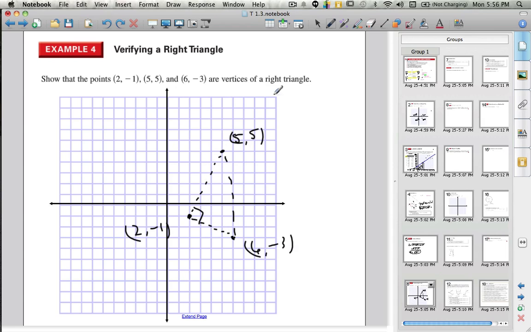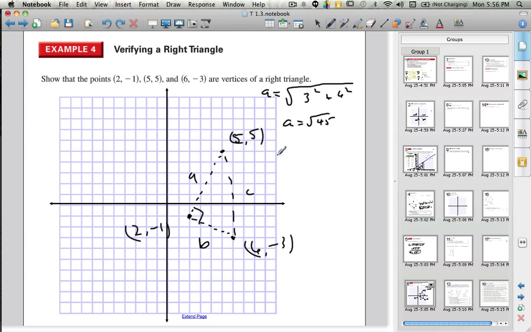So if I start calculating distances, let's say a is this side here. I'm going to call them a, b, and c. So a will be equal to the square root of the difference between 2 and 5, that's 3 squared, plus 5 and negative 1, that's 6 squared. So this would be 9 and 36. a would be equal to root 45.